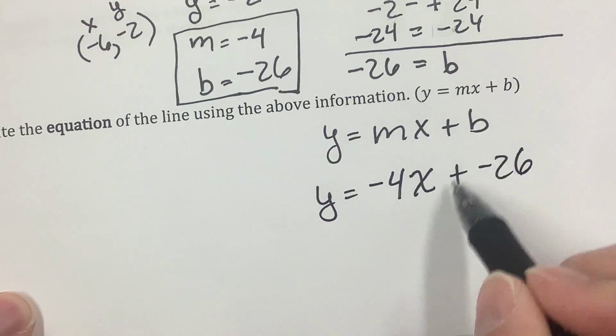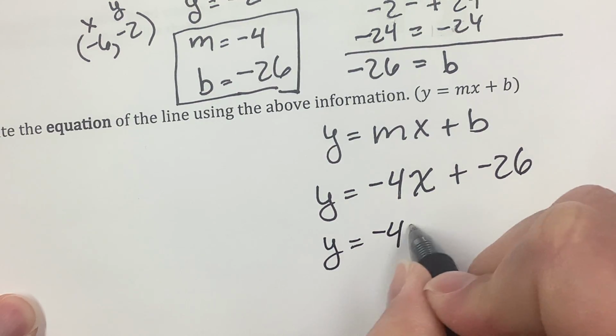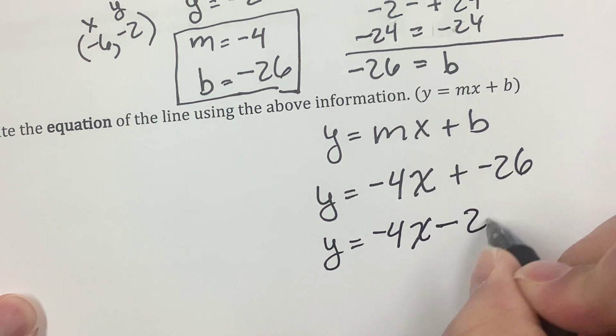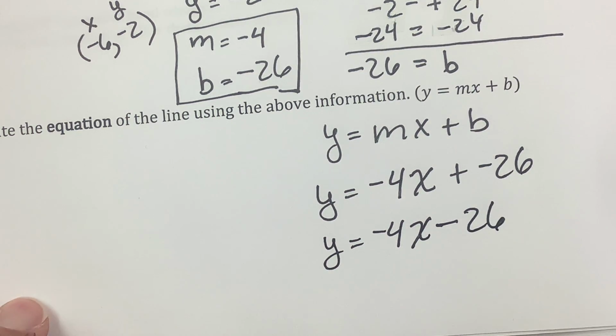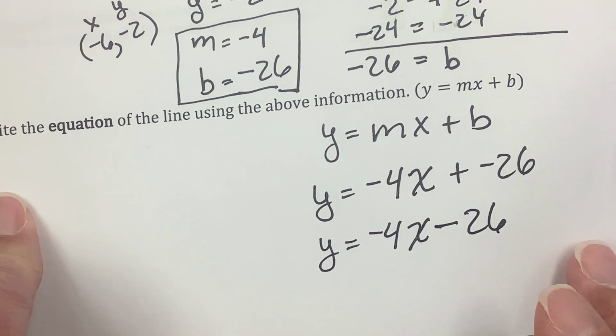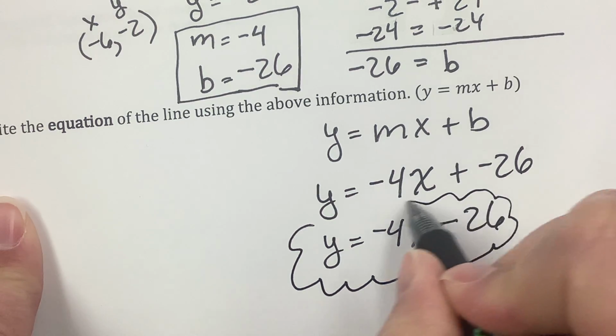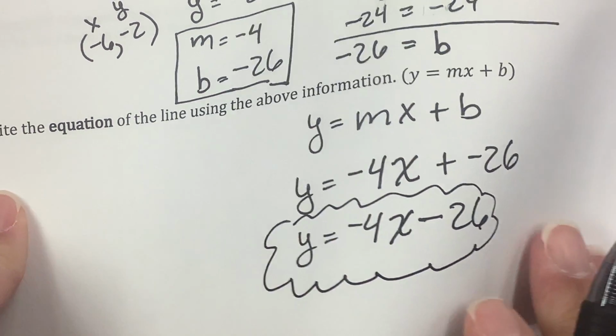Oh yeah, you can't do this double sign thing. Here we go. Y equals negative 4x minus 26. Keep change kind of thing. That doesn't look too bad. We good. Puffy cloud of happiness, that's the equation or the function of this line.